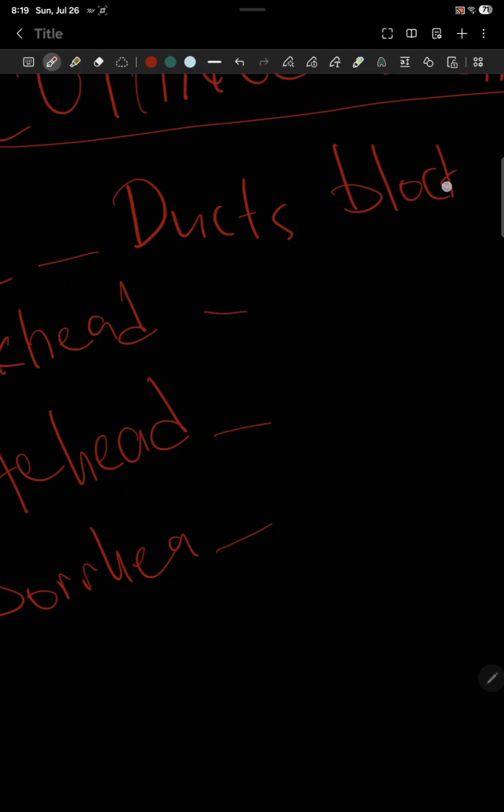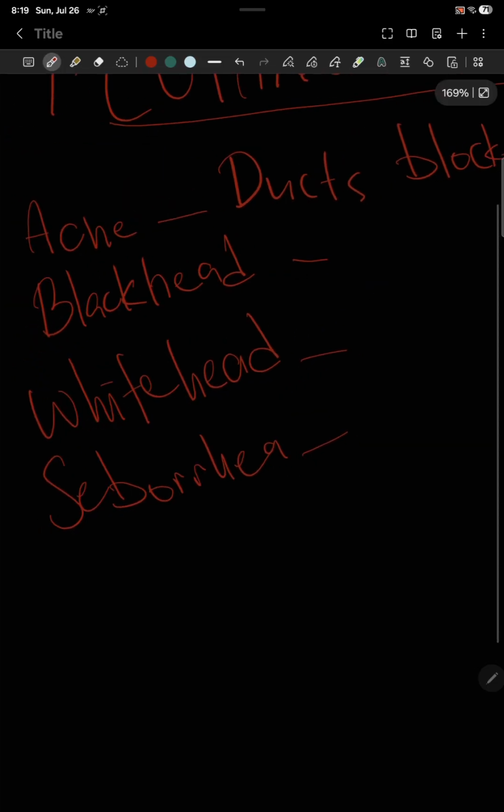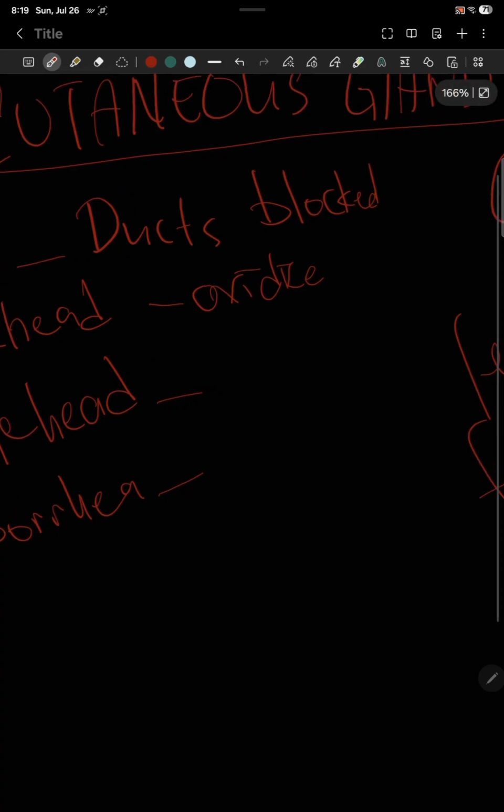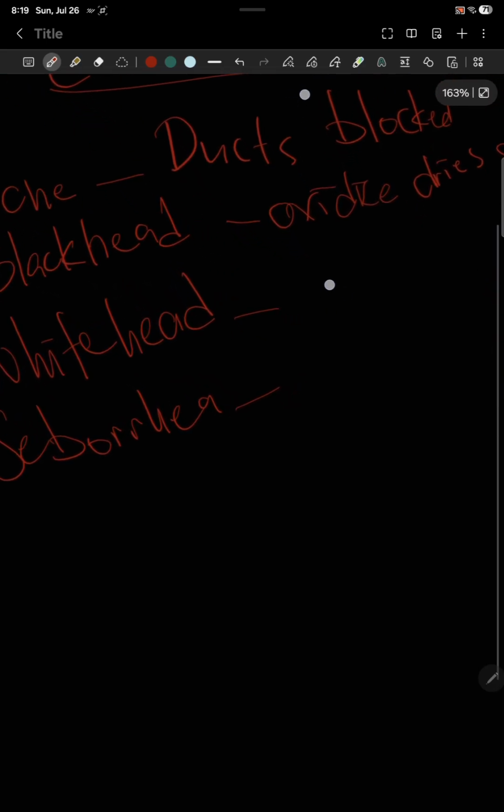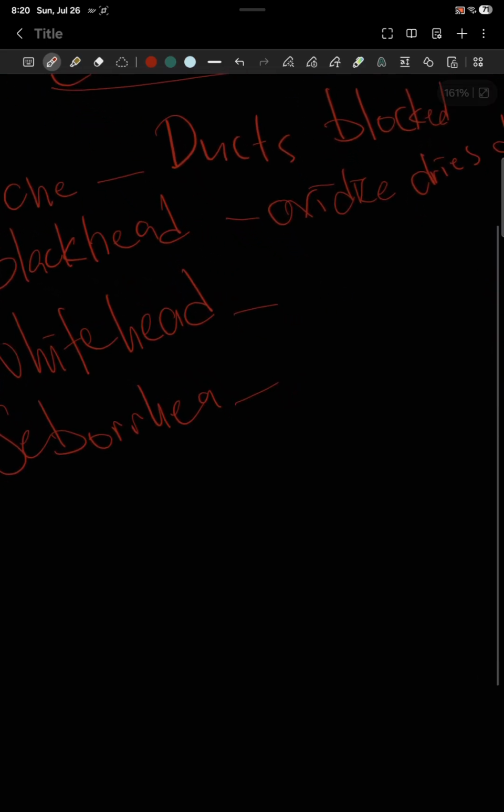Ducts are blocked. And then si blackhead na-oxidize siya, which means nahanginan, dayon ni dry, dayon mo na siyang ni itom, ni dark, mo na siyang nahimo na siyang blackheads. Dayon si whiteheads, si blackheads ni dry, si whitehead wala na siya ni dry.